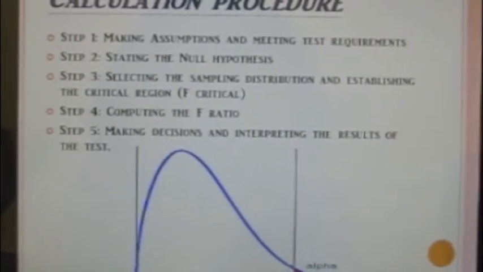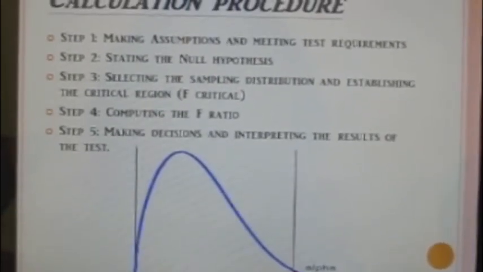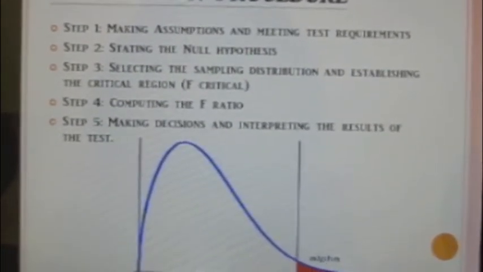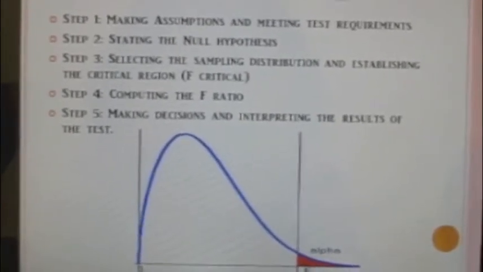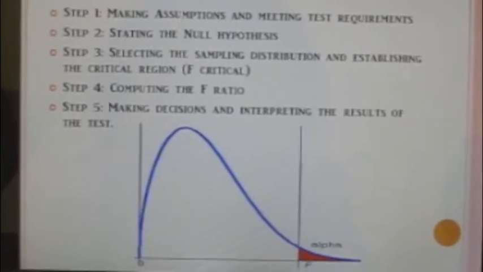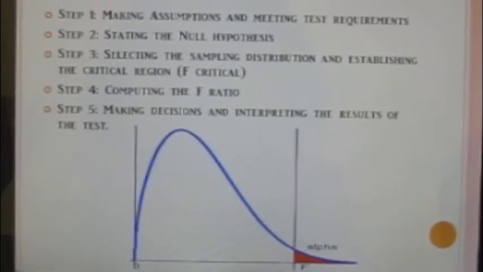ANOVA calculations follow the same 5-step procedure outlined in earlier methods of hypothesis testing. Moreover, ANOVA calculations also require a 6-step test, which is used to determine whether the sampled populations are significantly different.